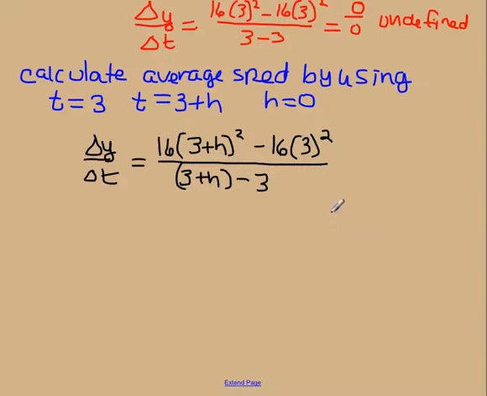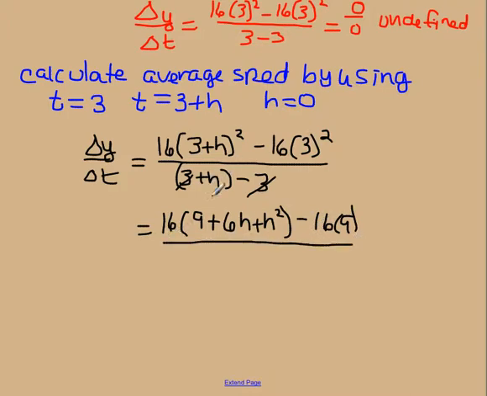Okay, so let's clean this up a little bit. You can see that in the denominator, the 3's would cancel here. And then I would be left with 16 times (9 plus 6h plus h squared) minus 16 times 9, all over h.